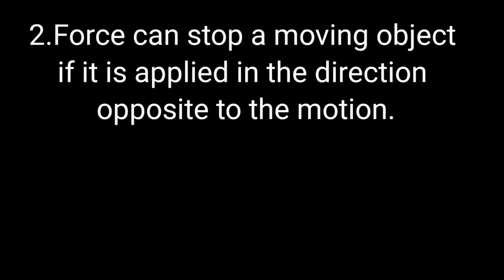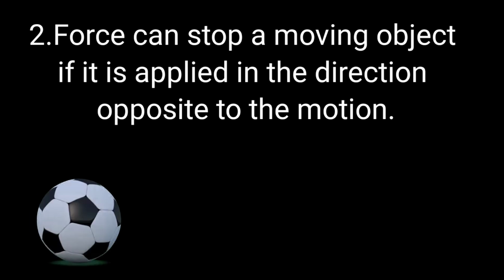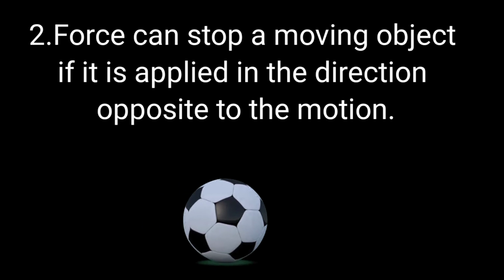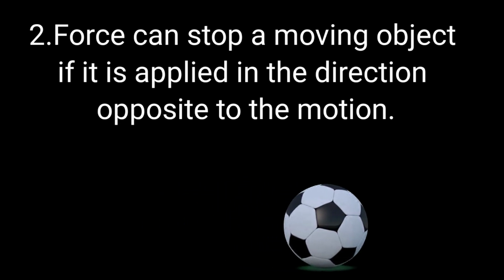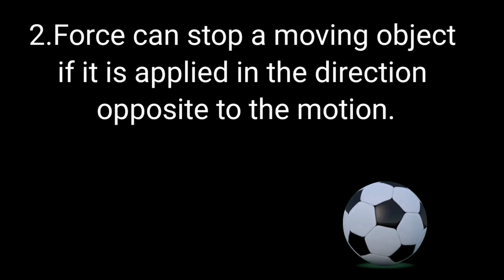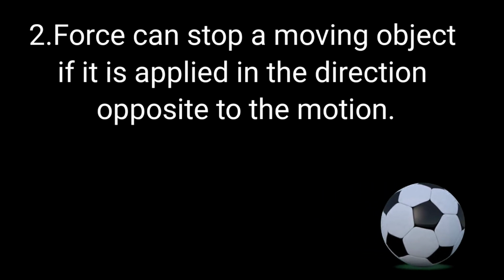You have seen the football match, and you see how the goalkeeper stops the football. Or you can see the ball is moving, so how will this ball stop? When we apply the force in the opposite direction. If we apply the force in the same direction, the ball will again start to move. So we have to apply the force in the opposite direction in order to stop it.